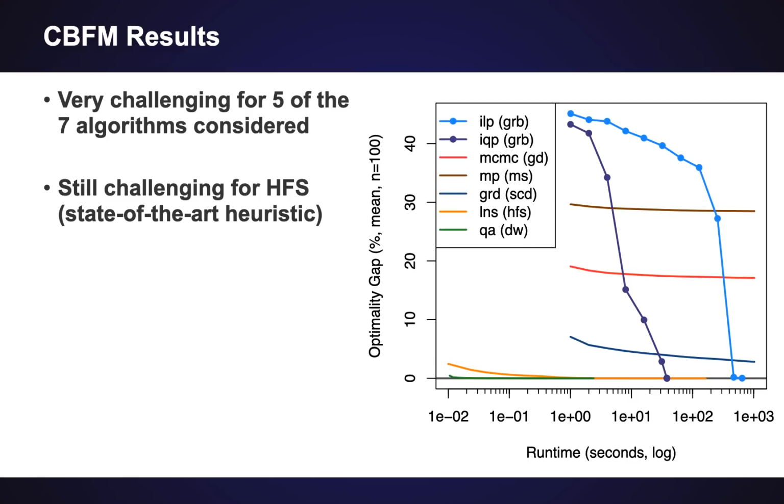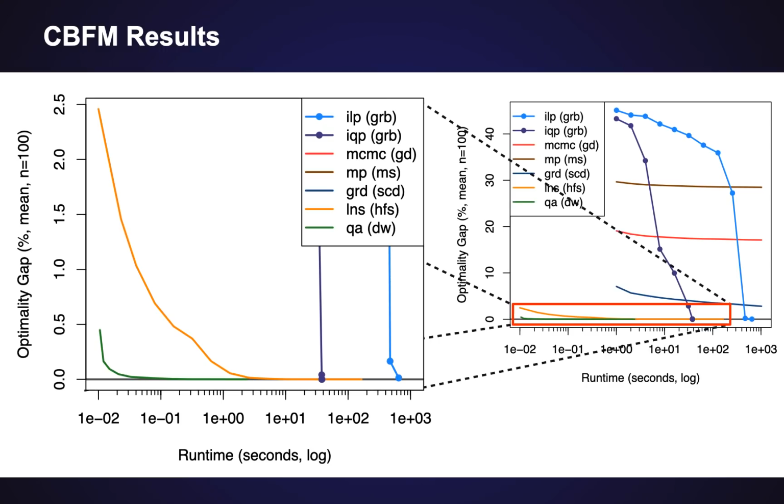The very good news is that if you zoom in, you'll see this is still a challenging problem for HFS, although it's a fantastic heuristic, so it beats all the other ones, but it's still quite challenging. And then the very good news is that D-Wave on this instance is still performing very well. So let's zoom in and look at this particular subplot in more detail.